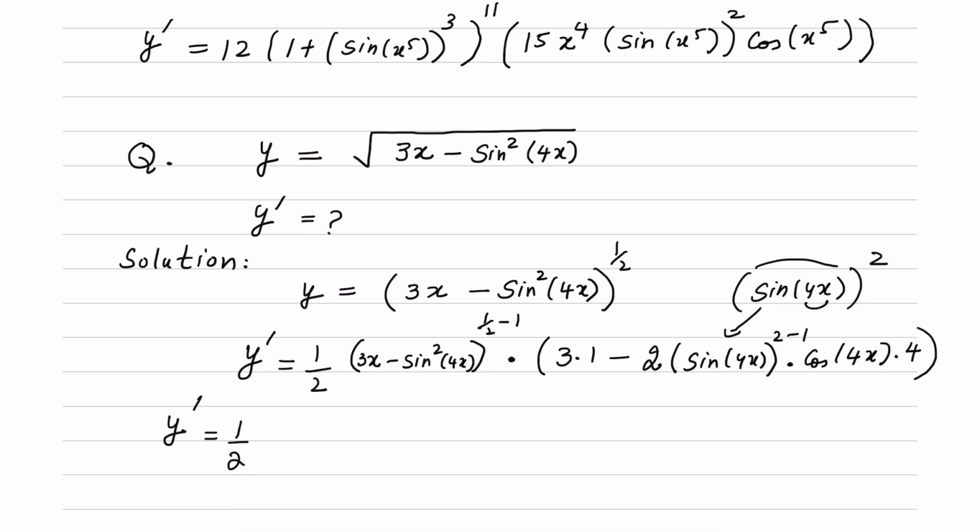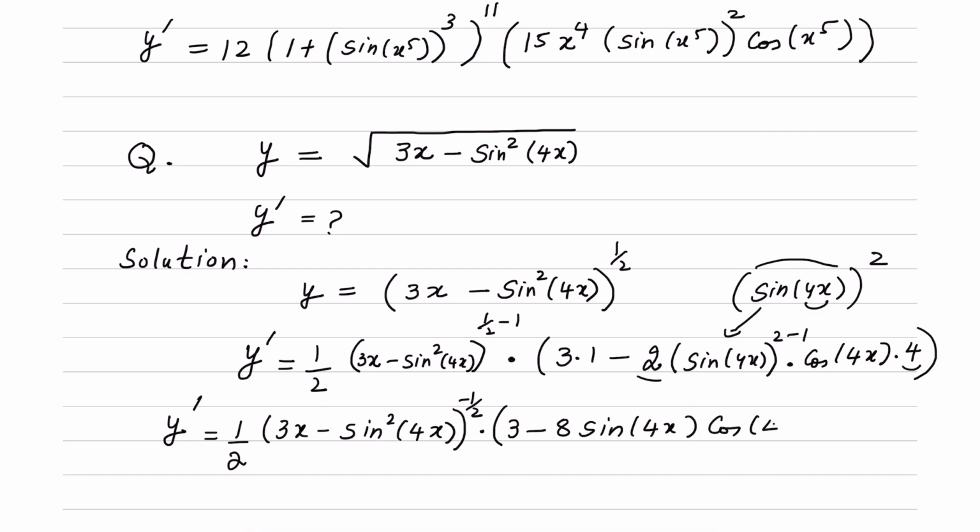It is 1 by 2 into 3x minus sine square 4x whole power minus 1 by 2, multiplied by 3 minus, now this 2 multiplied with this 4 gives you 8 into sine 4x into cos 4x.